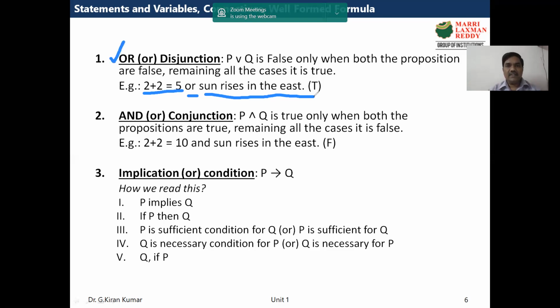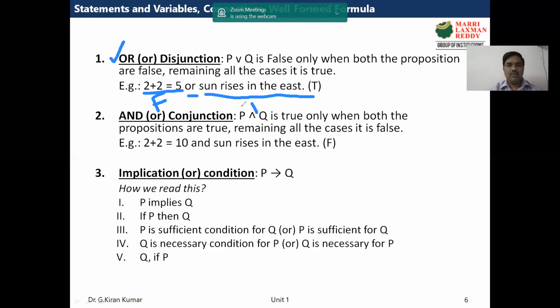Now, how do I decide? As per the truth table of or, or is false only when both the propositions are false, and in all the remaining cases it is true. Now let us see the truth value of the first proposition. 2 plus 2 equal to 5, is it true or false? We know that it is false. And the second one, sun rises in the east, is true.